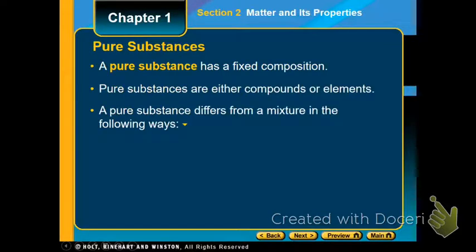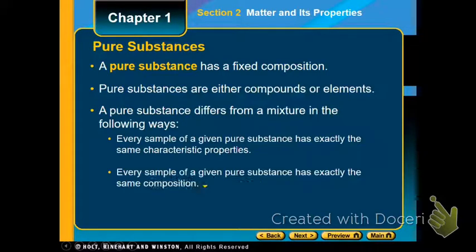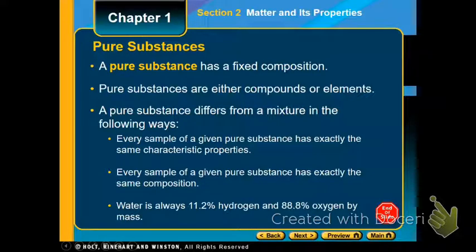For pure substances, there's your definition for it. Has a fixed composition. Our elements and compounds are pure substances. And here's how they differ from your mixtures. A pure substance will have exactly the same characteristic properties. So it does not matter if I have, we said water is a pure substance, H2O is its formula.